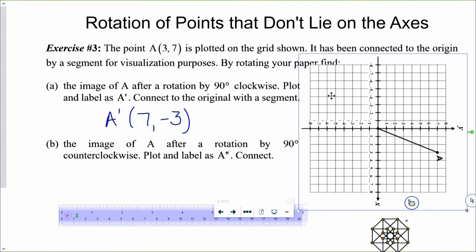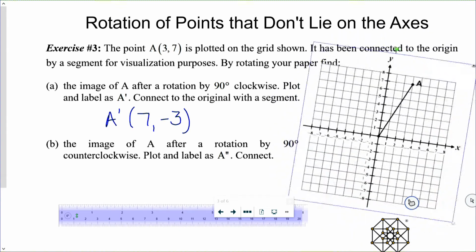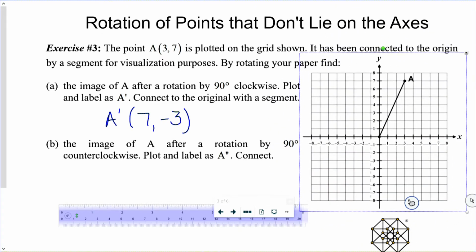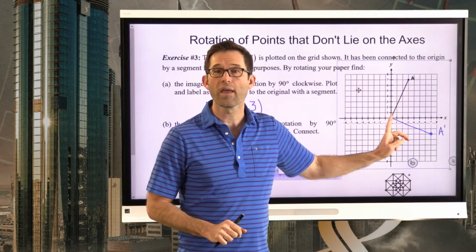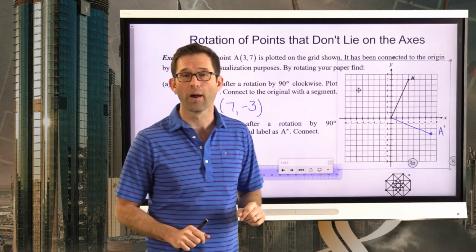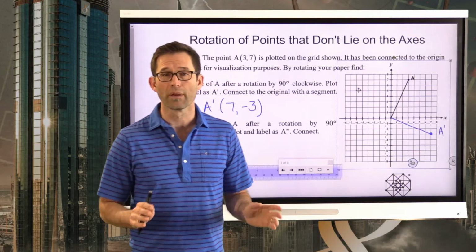All right. Now I'm going to rotate my axis back up, back to where it started, and I'm going to plot that point, (7, -3), and connect it with a line segment. Now I want to be very clear about both the line segment that connects the origin to A and the one that connects to A prime. Those line segments are normally not there.